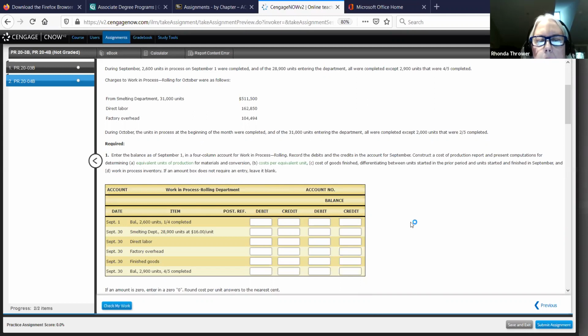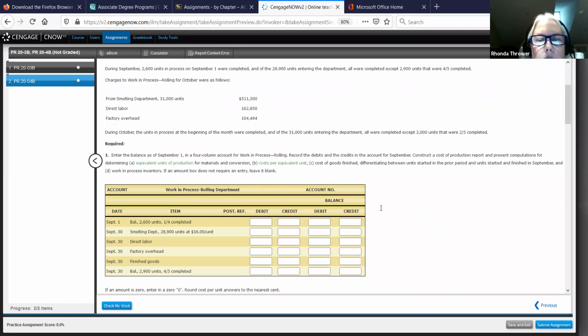And you'll remember that in a process cost accounting system, each department will have its own work in process account. So each department's responsible for preparing its own cost of production report. The cost of production report really is a breakdown of what's going on in the work in process ledger account.